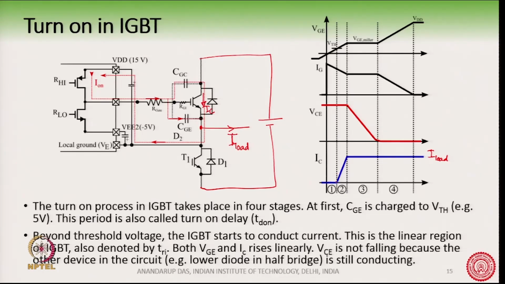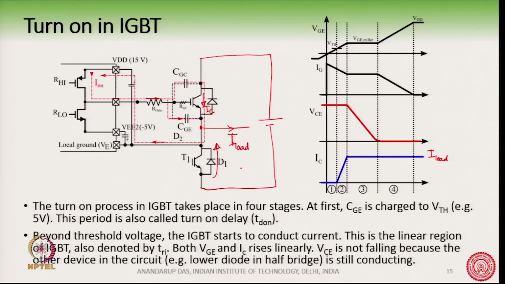So, IC has not taken up the whole load current. If you think of the load current as a big current source, and the IGBT has not taken up the full load current, then the rest of the current must be flowing through this diode. Because the load current is a current source and the total current should be constant.